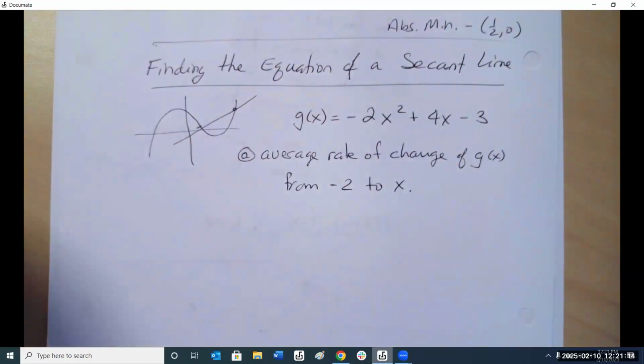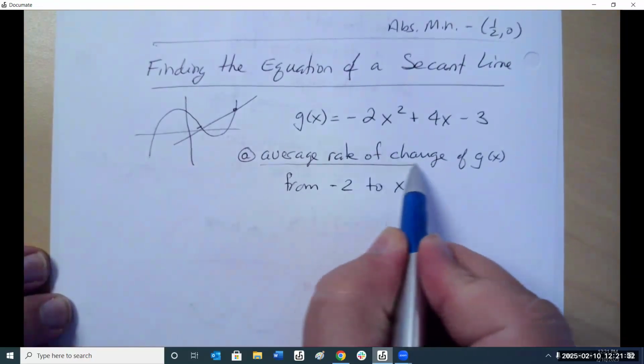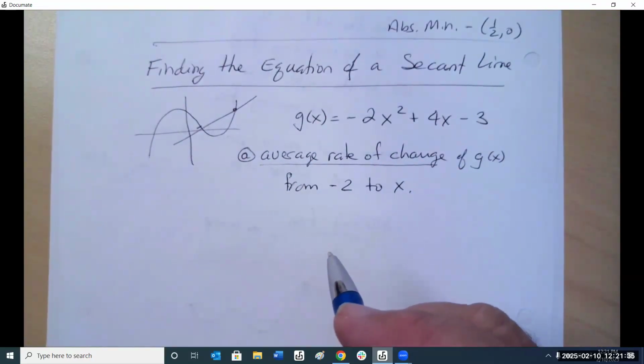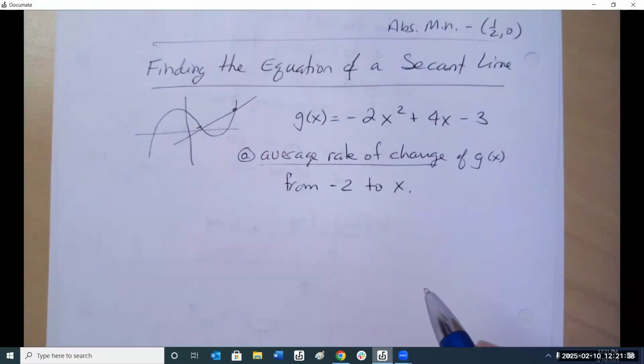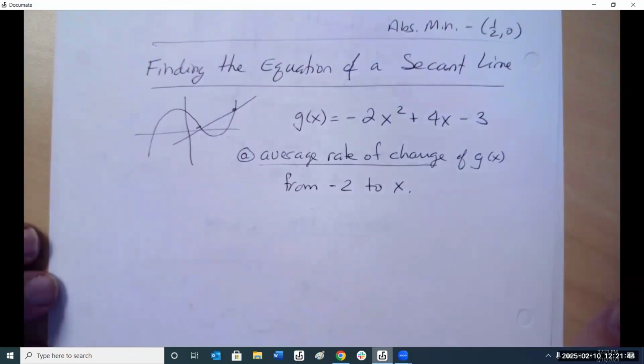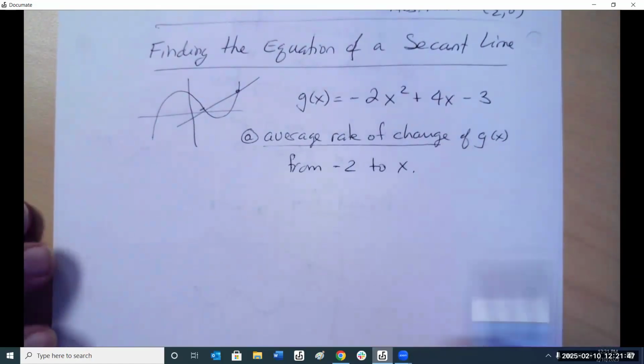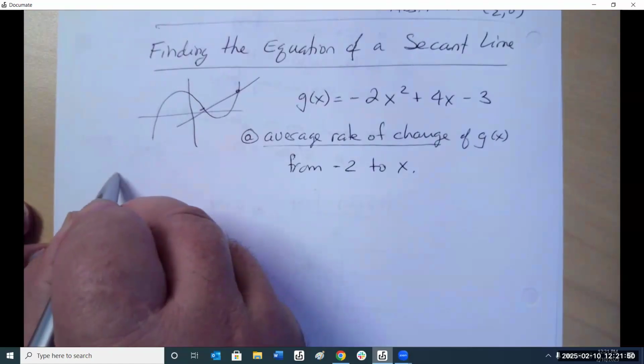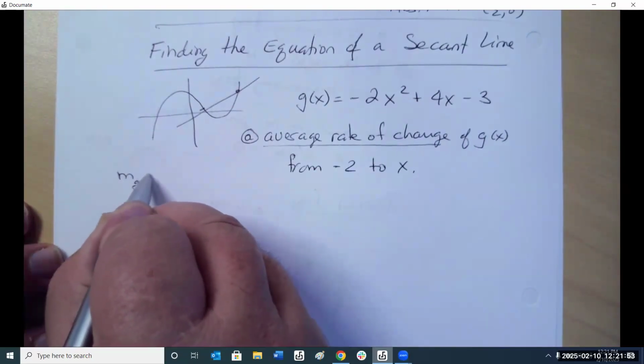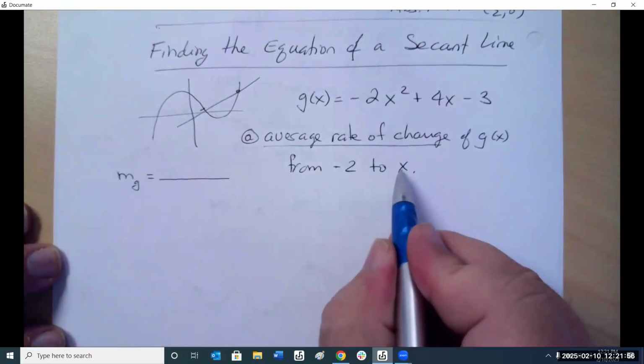Find the average rate of change from -2 to x. Which formula would we use? What does average rate of change mean? What's another name for that in mathematics? Right, slope, not slope intercept, but slope. The average rate of change is a slope formula.